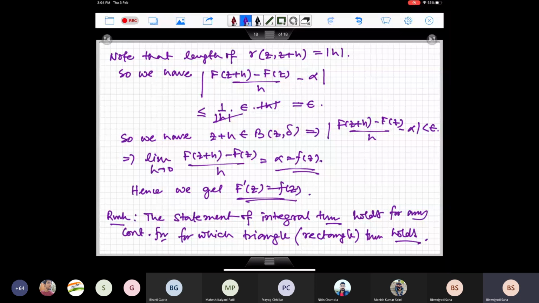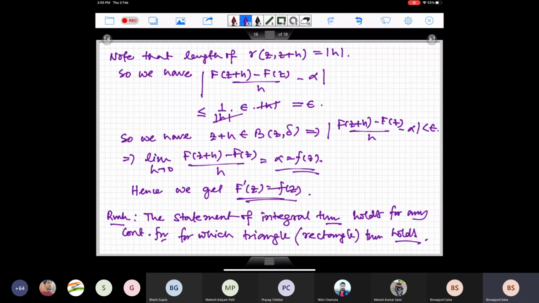So if my function satisfies the triangle theorem, no matter what triangle you take, or the rectangle theorem, and we will see some examples, and if you can say that the function is continuous, then the conclusion of the integral theorem will hold true.